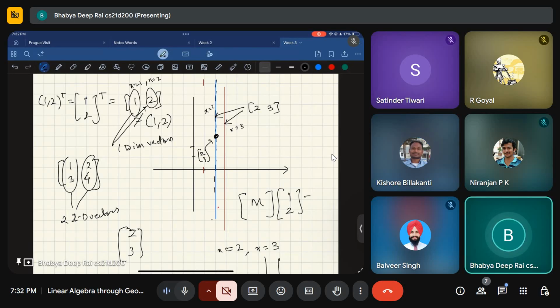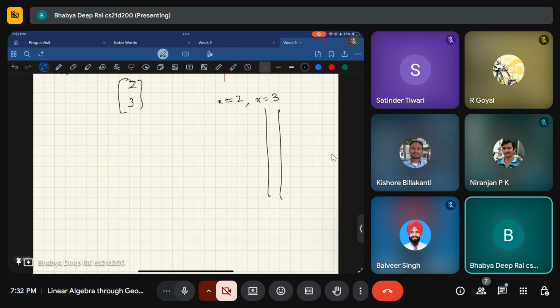It's missing. I'll give you an analogy. So this is like 2 3 6, 8, 2 1. What is this, Kishore? This is two three-dimensional vectors, right?